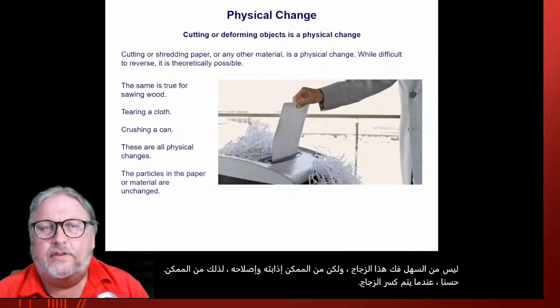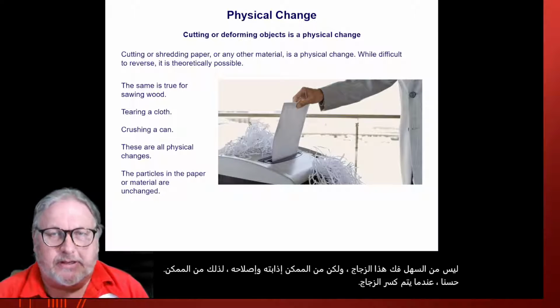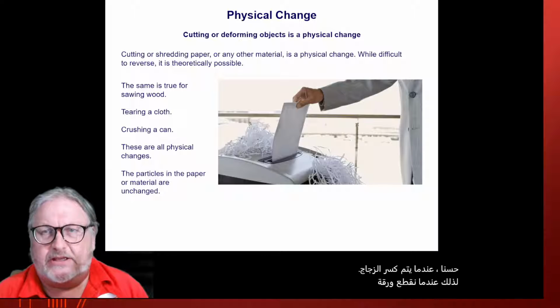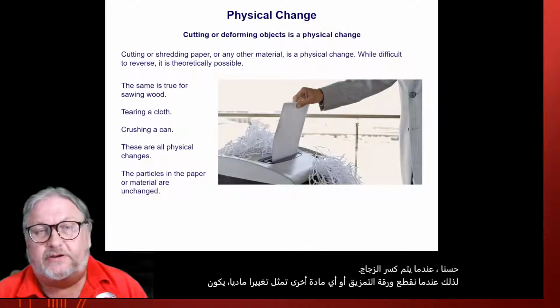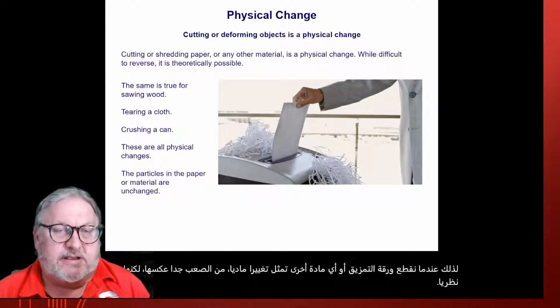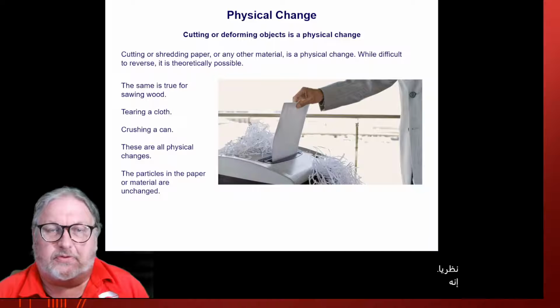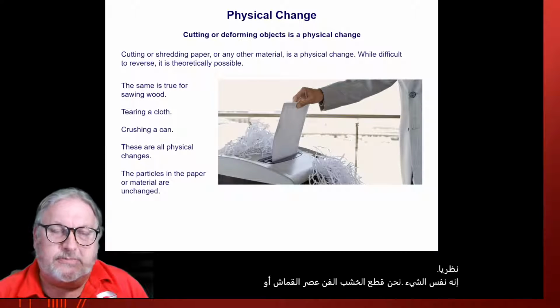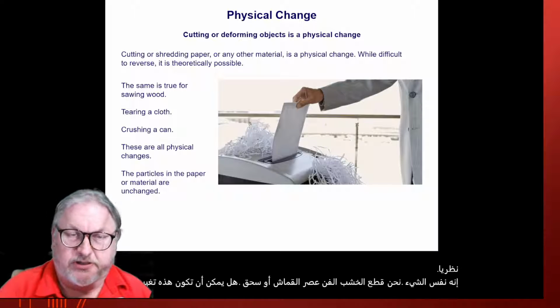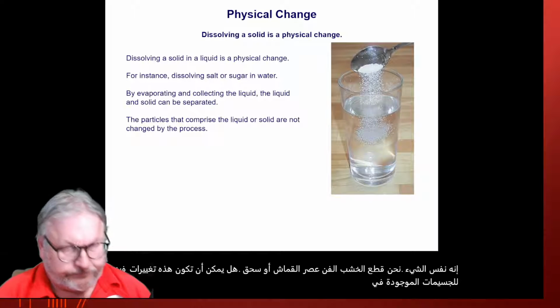So, when we cut or shred paper or any other material, that's a physical change. It's pretty difficult to reverse, but it's theoretically possible. It's the same thing if we cut wood or tear a cloth or crush a can. Those are physical changes. The particles in the material are unchanged, but the state has changed.